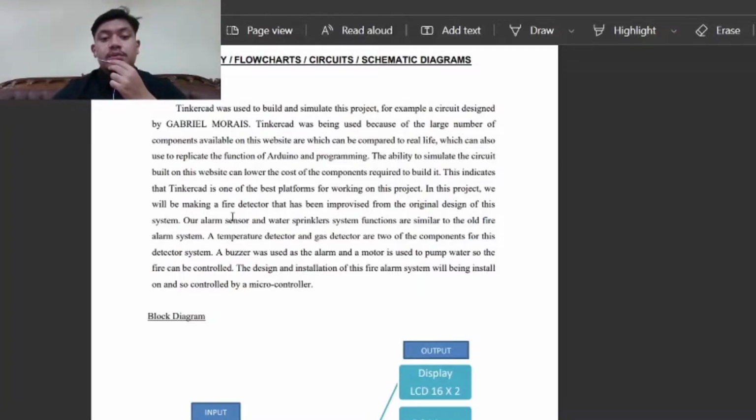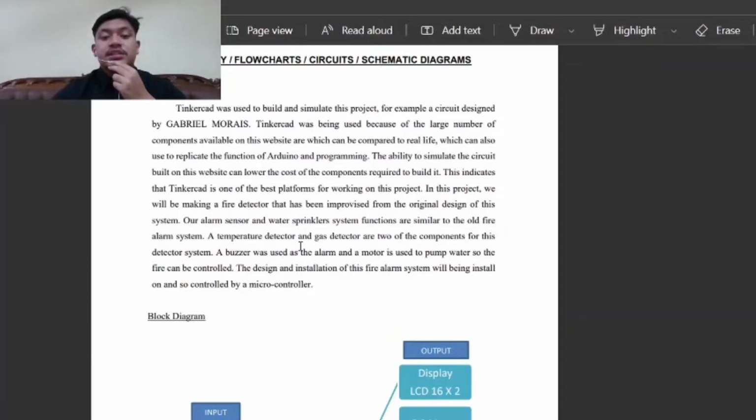In this project, we've been making a fire detector. Now I will read what project we will do for the microcontroller project. The fire detector has been improvised from the original design of this system. Our alarm sensor and water sprinkler system functions are similar to the old fire alarm system.